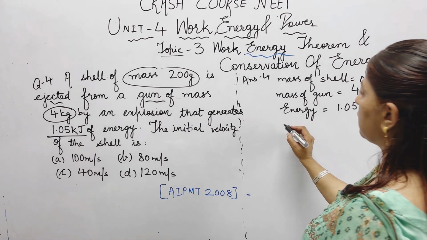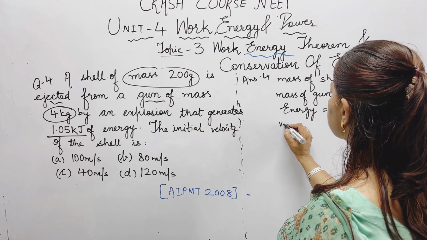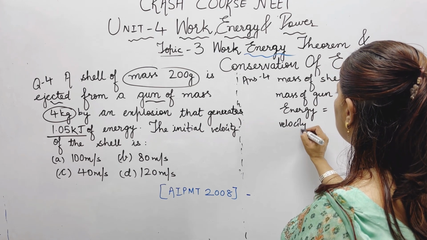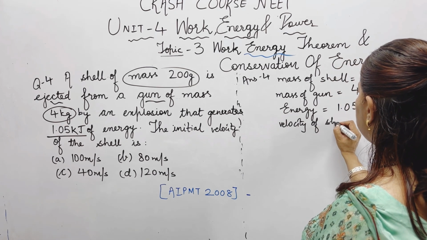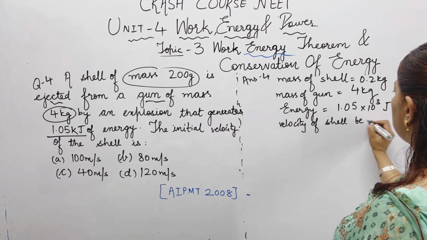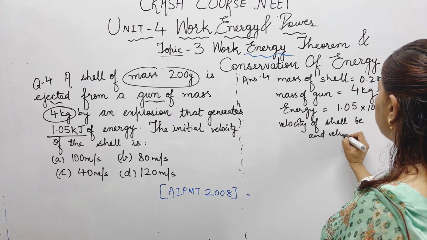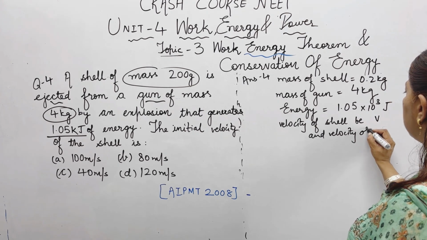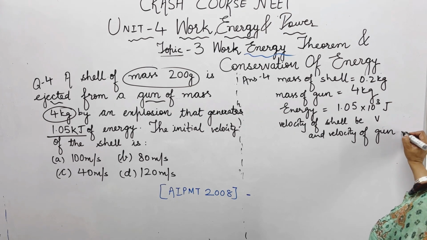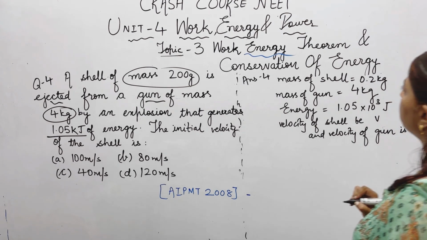We need to find the velocity of shell. Velocity of shell be v, and velocity of gun is, say, v dash.